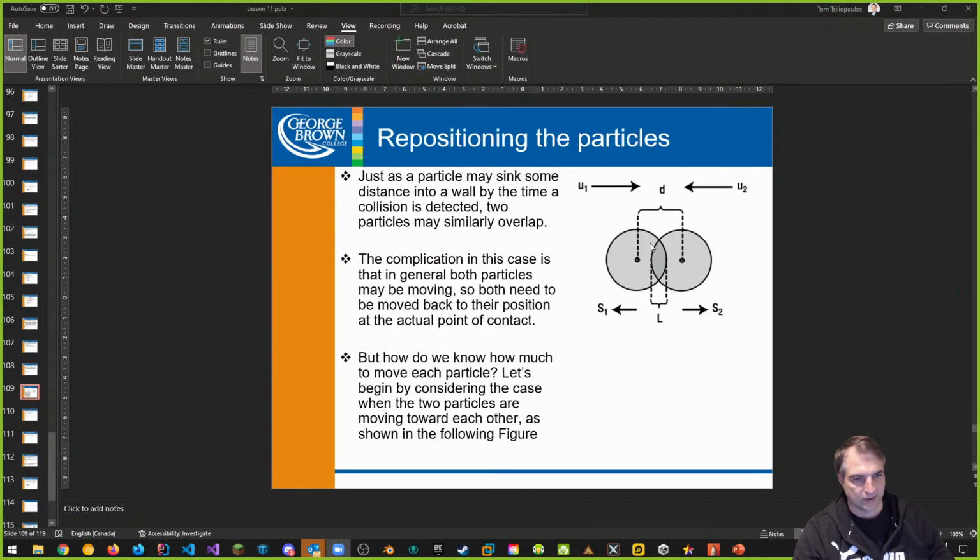So whatever this velocity is times time, that will be the total displacement of the first one. That's how much I have to position it back, plus the displacement of the second one, that's how much I have to displace this one back. If this one was moving faster, I have to move it back more. If this one was moving slower, I have to move it back less. But the total has to be equal to the amount of overlap for us to get perfectly repositioned.